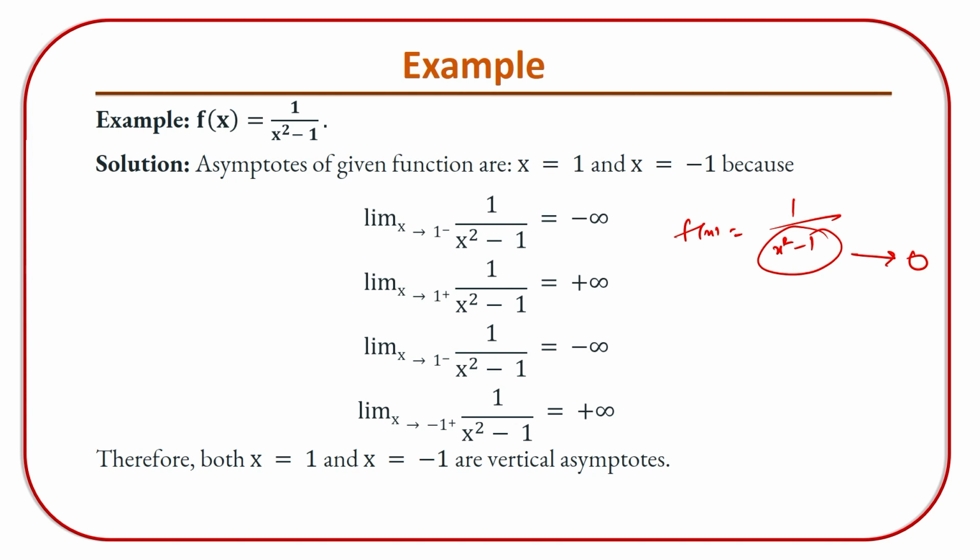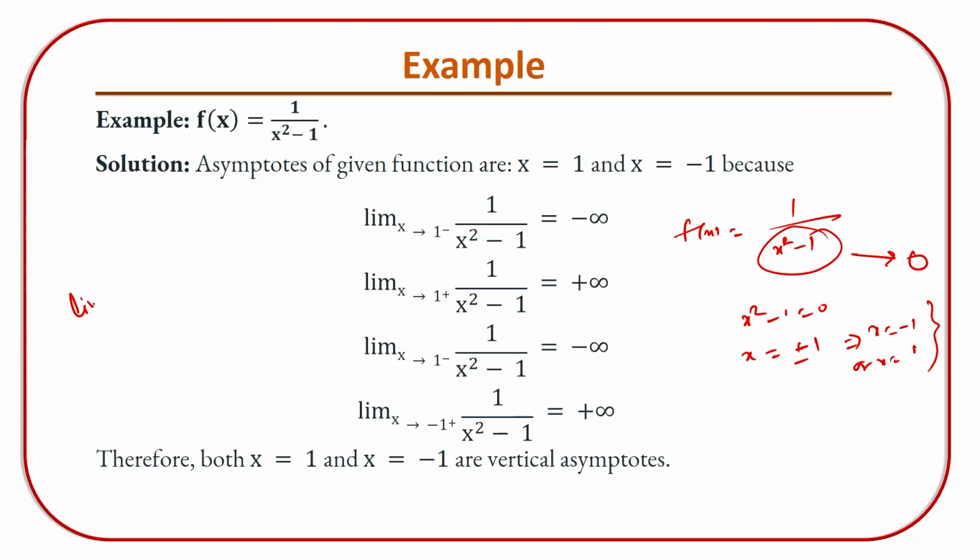And for that x square minus 1 equal to 0, x will be plus minus 1, that is x equal to minus 1 or x equal to plus 1, right? There are two straight lines, x equal to 1 or x equal to minus 1. Now check whether our claim for two straight lines as vertical asymptotes is true or not. And what will be the checking point?